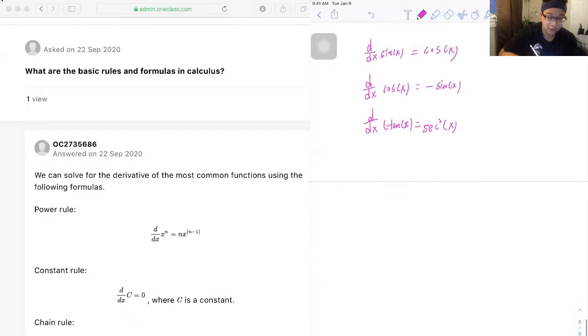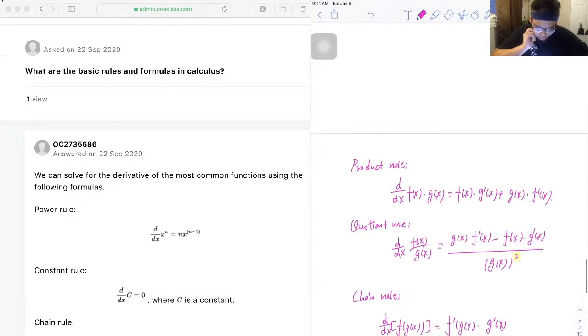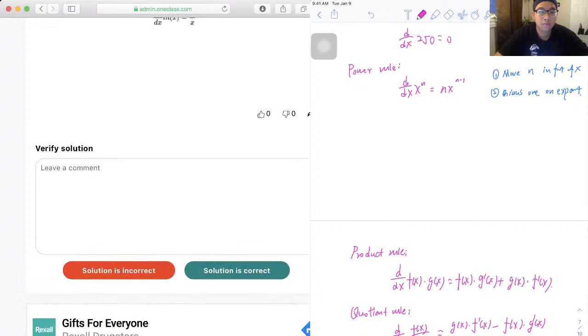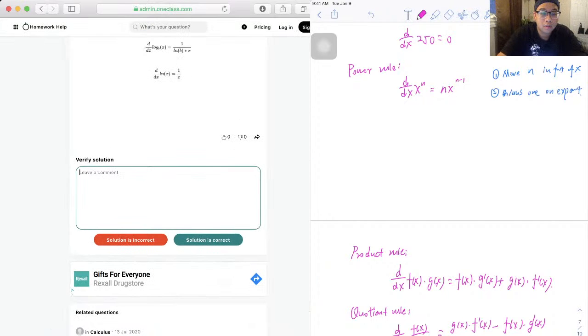And in our log function, the derivative of ln x is just going to be equal to 1 over x. So I think we covered a lot of basic rules and properties in differentiation. Now let's leave a comment there. Solution is correct.